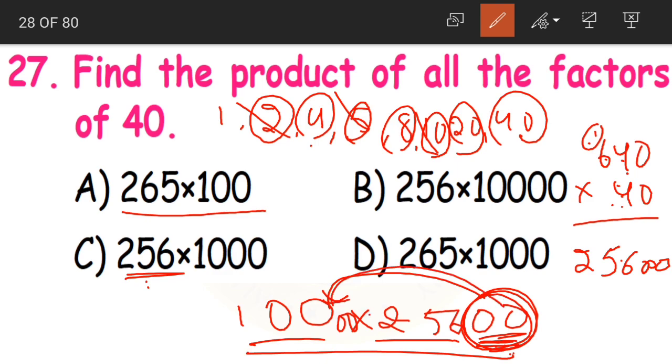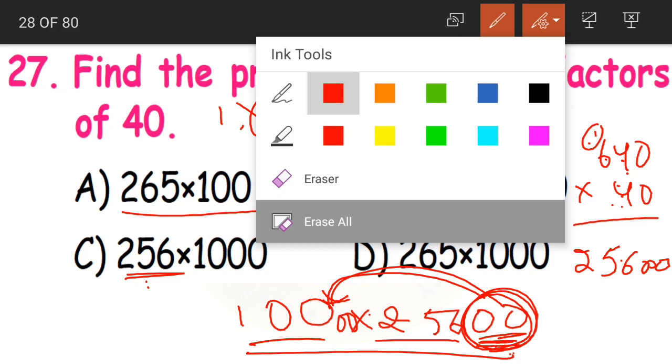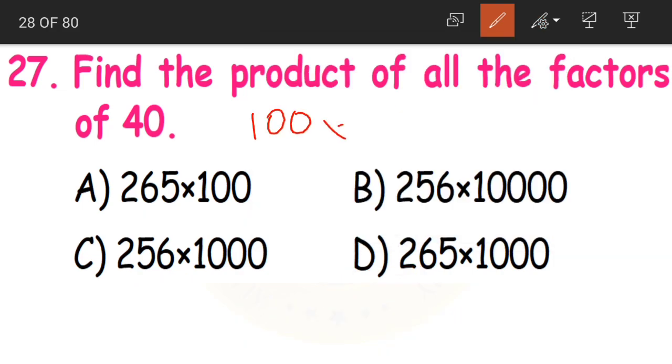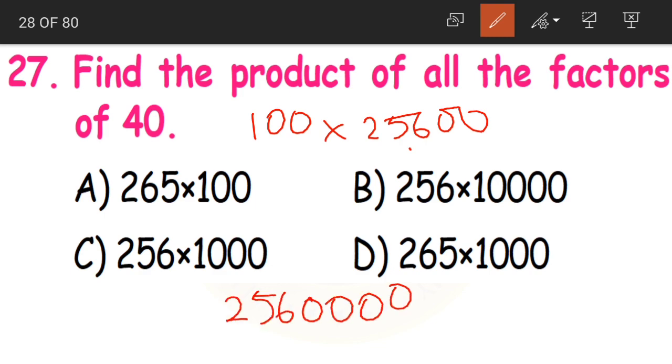See, 100 into 25,600. If we multiply, our product will be this 2,56,000. Yes or no? 256. After that we are placing 4 zeros here.